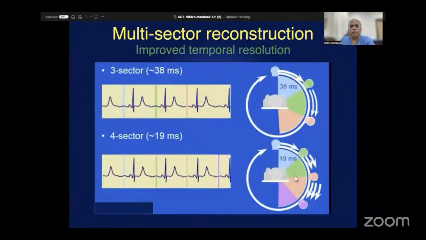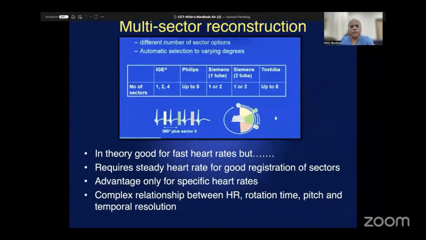However, there is a very complex relationship between the gantry rotation and the heart rate, so it is not really possible for all the heart rates. Not only does multi-sector reconstruction require a very steady heart rate, it is also only possible for specific heart rates because of this complex relationship between the heart rate, the gantry rotation time, and the pitch that you are using for the helical scan.